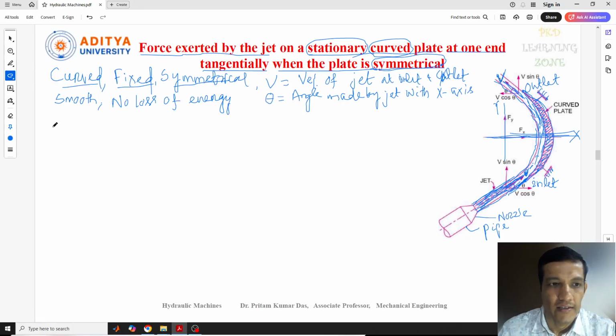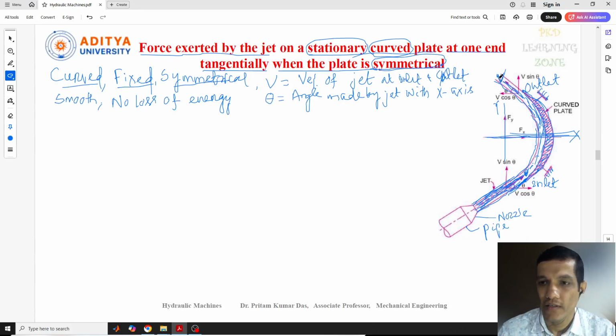Now what is the terminology of symmetrical? Symmetrical in the sense that the angle made by the tangents at the inlet condition, suppose this is theta as I told you, at the outlet also the same angle should be made by this jet with respect to the outlet condition tangent.